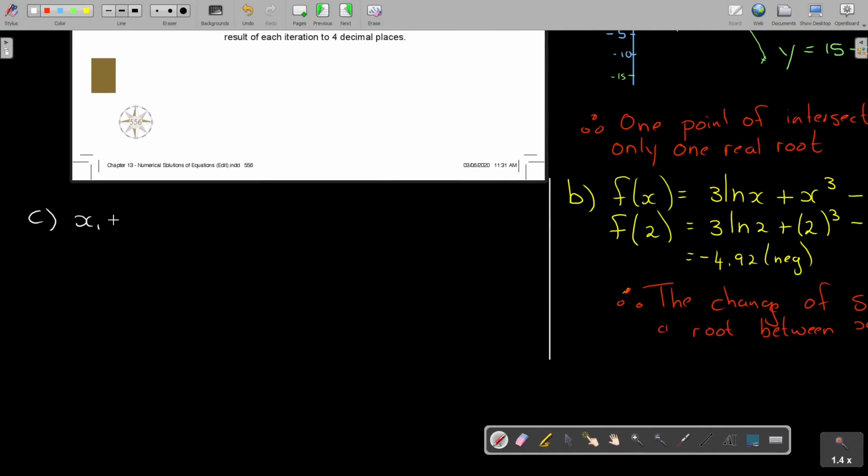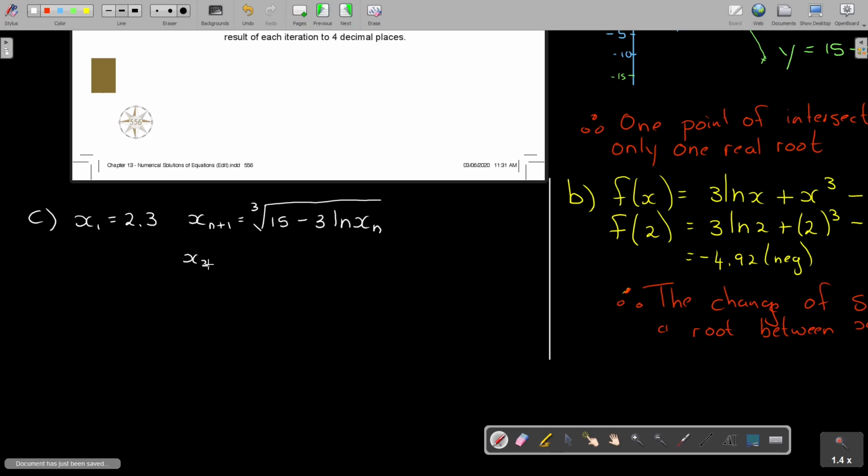So x1 is 2.3. Now this time I'm not going to create a table because you can just do it in a line. So x n plus 1, and please don't forget that that is a 3. It's a cube root. Okay, and it's 15 minus 3 ln x n. Now, I'm just going to write it in a row. So to get x2, but first let's program your calculator.